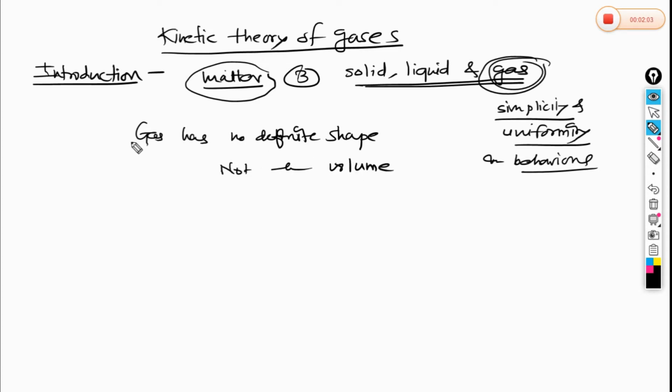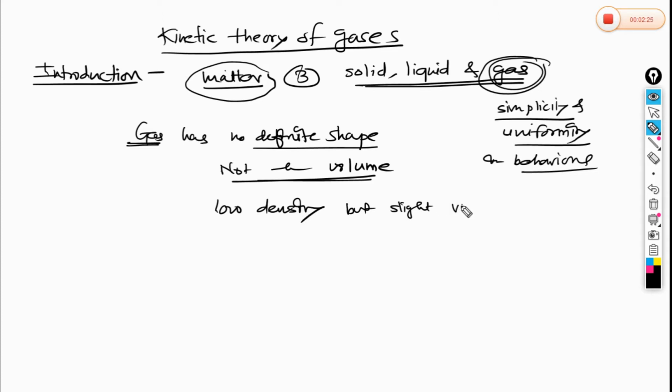Gas does not have any definite shape and it does not have any definite volume. It has low density, but it has some slight viscosity. So these are some points about the gaseous phase.